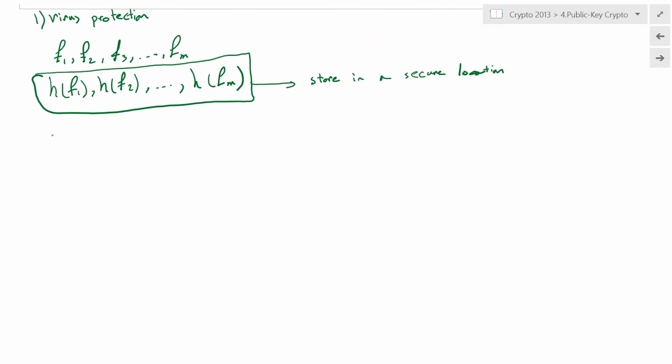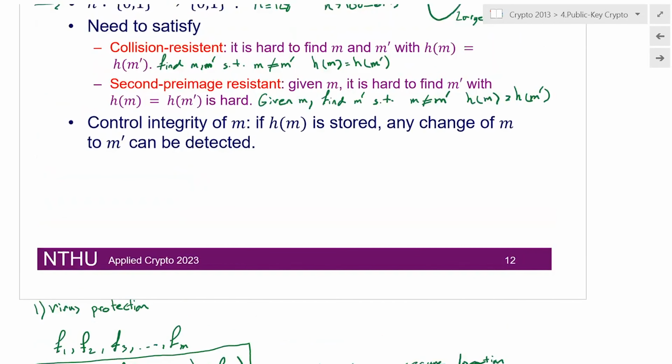Once we have them stored in a secure location, if now F2 is changed to F2 prime, then because of the second pre-image resistance of this hash function, the hash of F2 is not going to be equal to the hash of F2 prime, right? Otherwise, if somebody could make this change without the hash function noticing, it would mean that we violated this property.